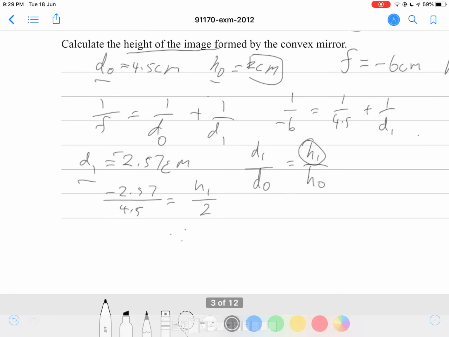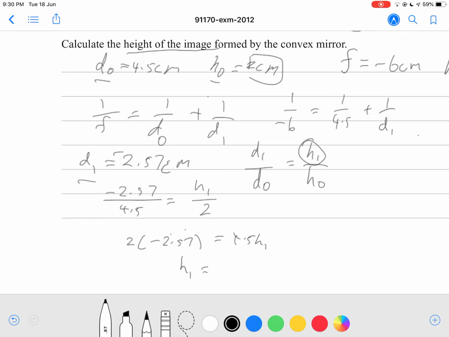Now we're going to cross multiply. So 2 times negative 2.57 is equal to 4.5 times HI. If we plug this into our calculator, 2 times negative 2.57 equals negative 5.4, divided by 4.5 will give us our height of the image.